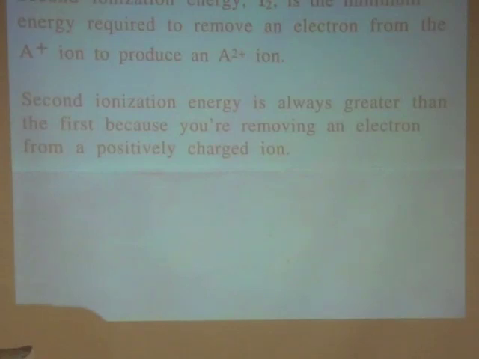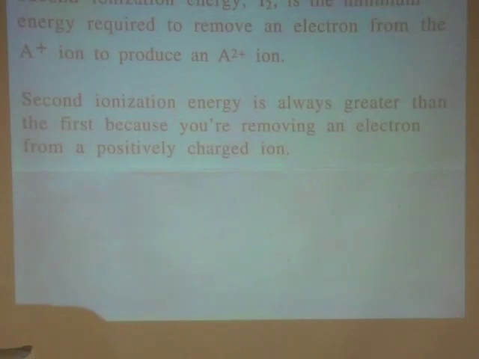The nucleus is attracting the remaining electrons even more strongly. You have a greater effective nuclear charge with a positively charged ion than you do with the neutral atom. It's going to be more difficult to take away the second electron. And so on, so on. After the third electron, even more energy. Fourth, even more energy.